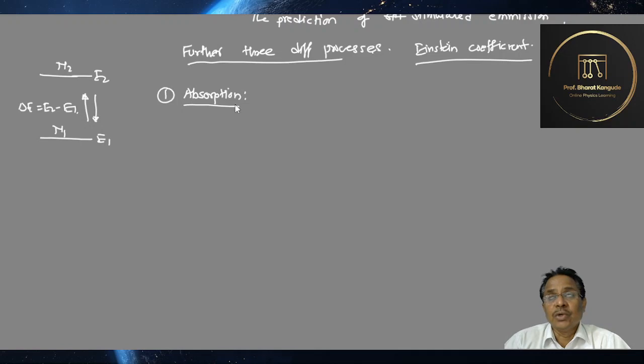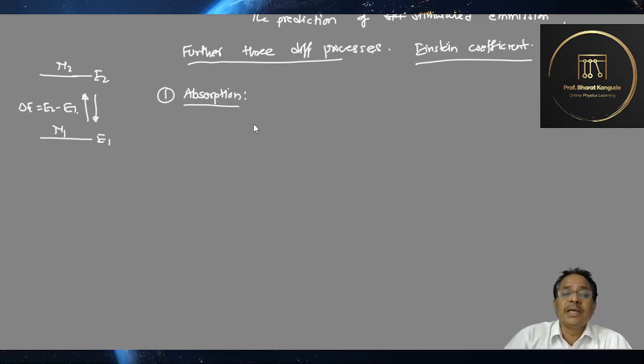This transition is known as induced or stimulated absorption, or simply absorption. Corresponding to each absorption transition there is a loss of one photon from the photon field, and one atom gets added to the population at the excited state. This process may be indicated like this.